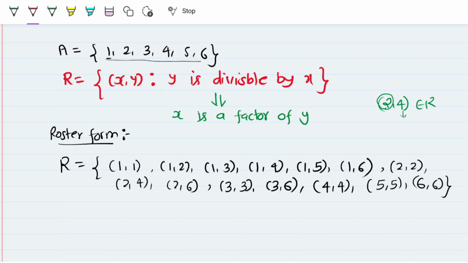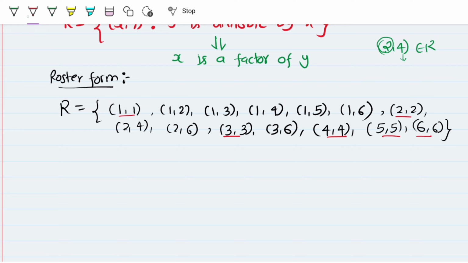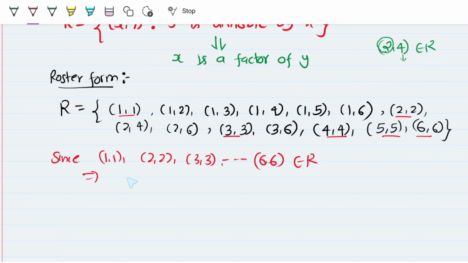You can see (1,1) is present, (2,2), (3,3), (4,4), (5,5), (6,6) are present. It means every element is self-related. So since (1,1), (2,2), (3,3), up to (6,6) belong to R, therefore R is reflexive.